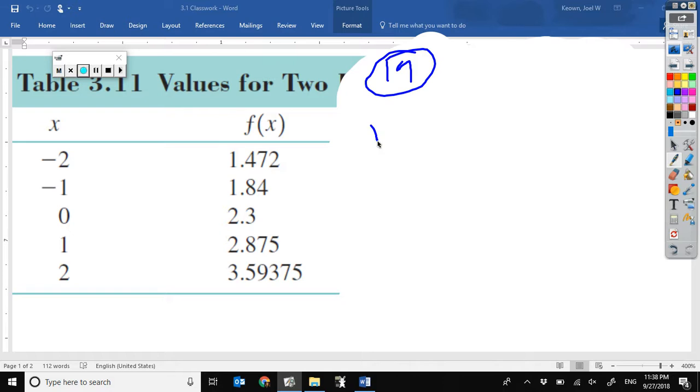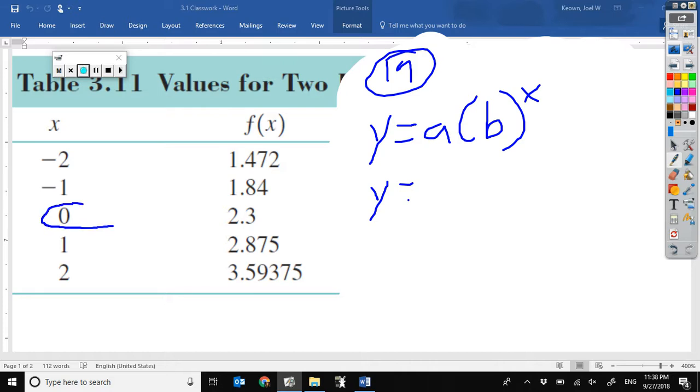So I know it's going to be in the form y equals a times b to the x. So I first see x equals 0 right there. When x equals 0, my function is 2.3. Well, that gives me the a. So a is 2.3.